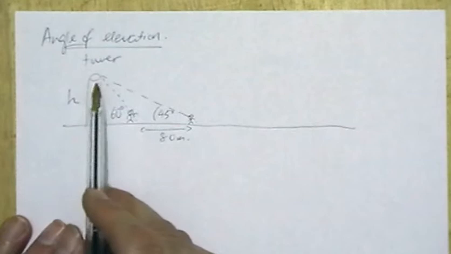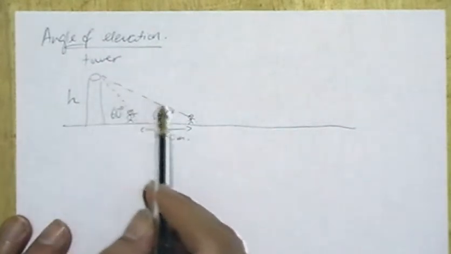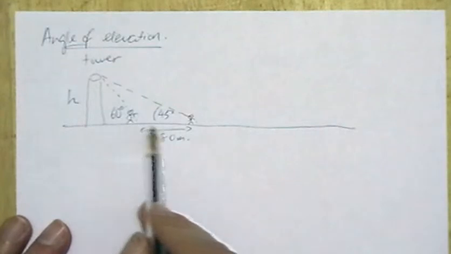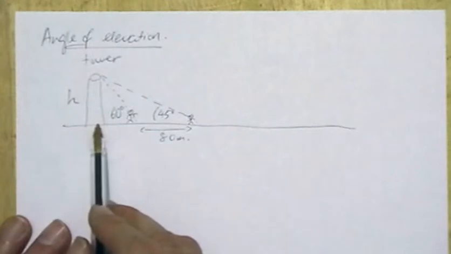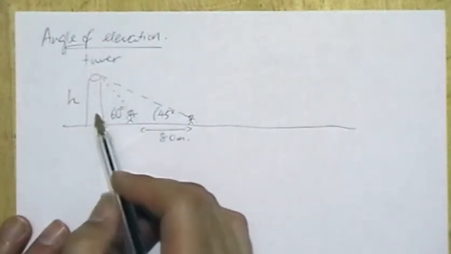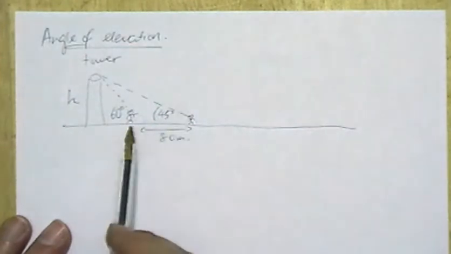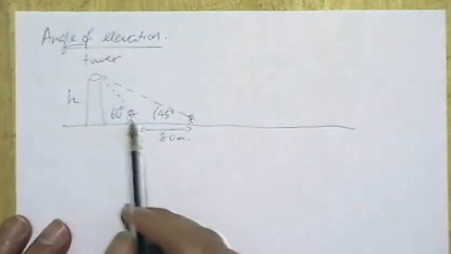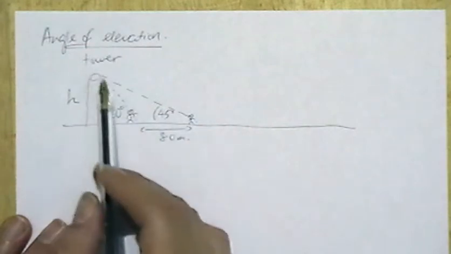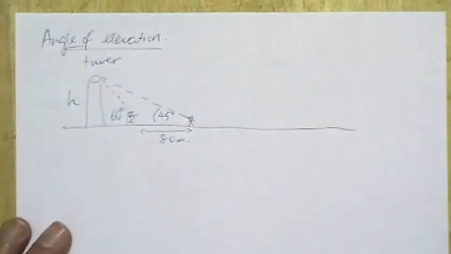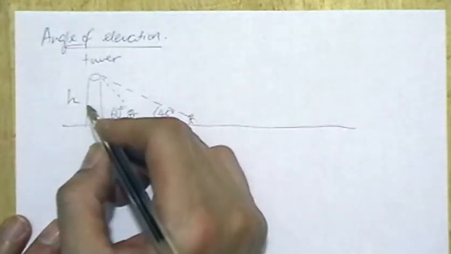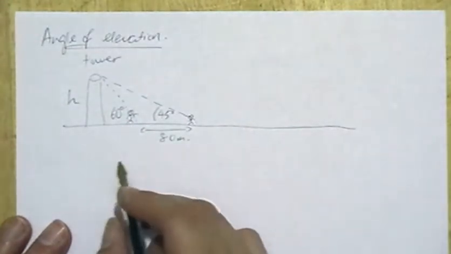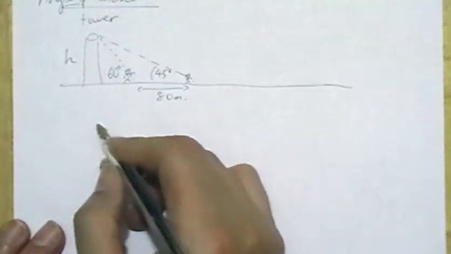So then what we have here is two lines coming to the ground. We have this horizontal line going from the person to the bottom of the tower, and we have this tower going straight up. So we can think of this as a triangle and this as another triangle. So let me draw this out separately to make it less confusing.